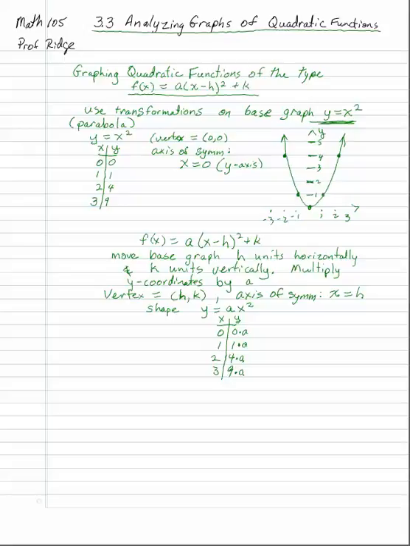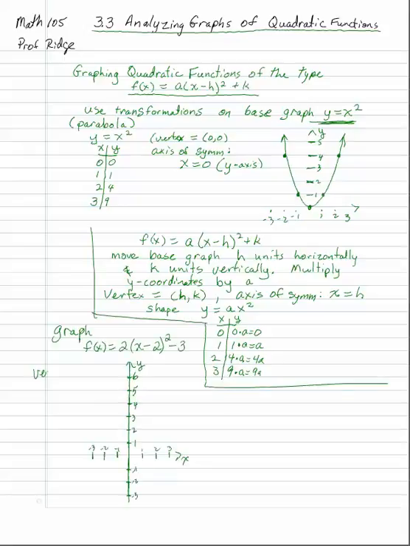So it'll be (0, 0), (1, 1a), (2, whatever 4 times a is), (3, whatever 9 times a is), and then (4, 16 times a), so on, just as many points as you need to do. And then of course you got the mirror image on the other side of the axis of symmetry. Alright, so let's try one of these and see how we do.